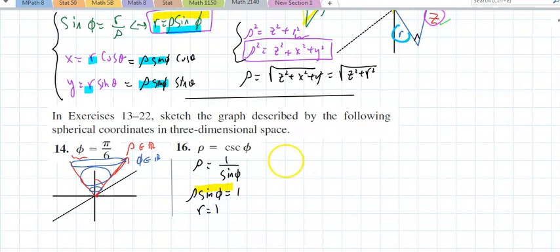Do I know what the graph of r equal 1 means? Well, in two dimensions, it was a circle on the floor.